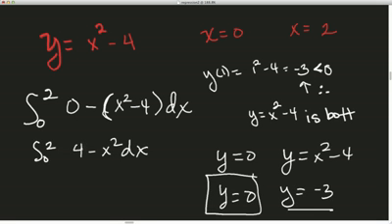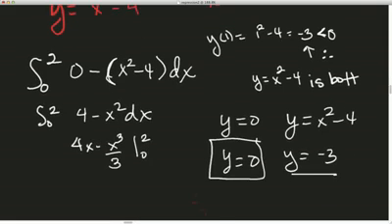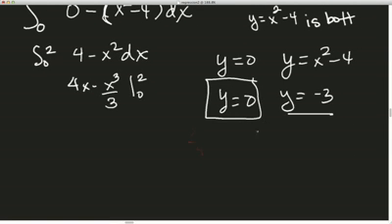Antiderivative. Yep. And then between 0 and 2, so which one do you plug in first? So it's going to be 8 minus 8 over 3. And then when you plug in a 0, you're going to get a 0 for the right side.